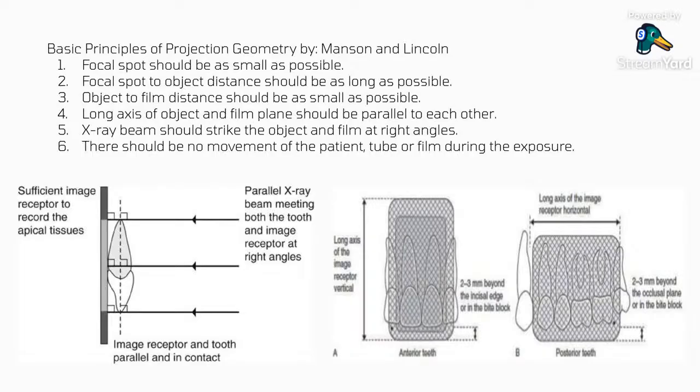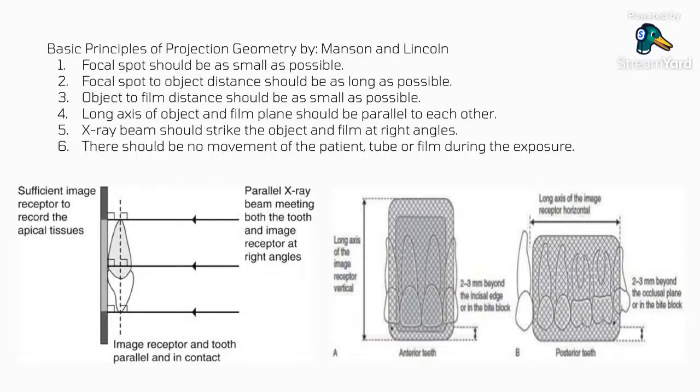The object to film distance should be as small as possible, and the long axis of object and film plane should be parallel to each other, okay? I'll talk about the pictures that are in the slides. And the X-ray beam should strike the object and film at right angle. There should be no movement of the patient, tube, or film during the exposure.